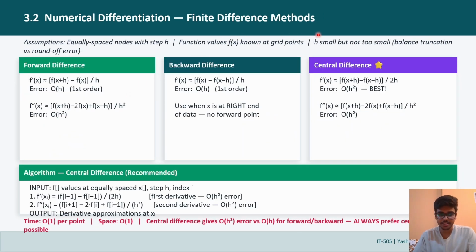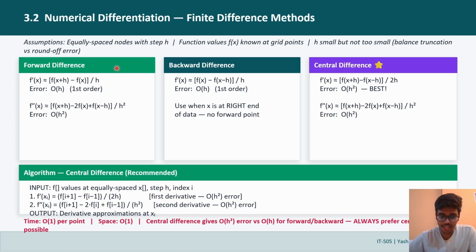Finite difference method. Assumption: equally spaced nodes with step h, function values known at grid points. The step h must be small enough to reduce truncation error, but not so small that the round-off error dominates. There are three main finite difference formulas for the first derivative.